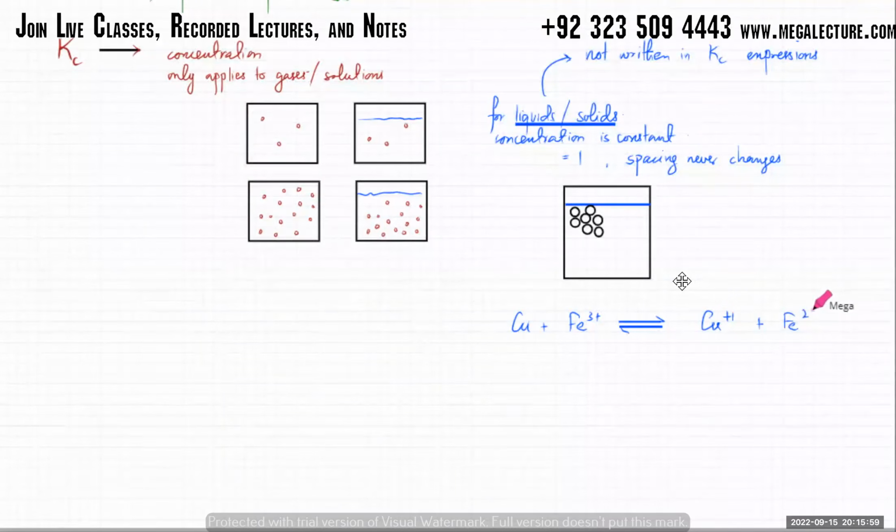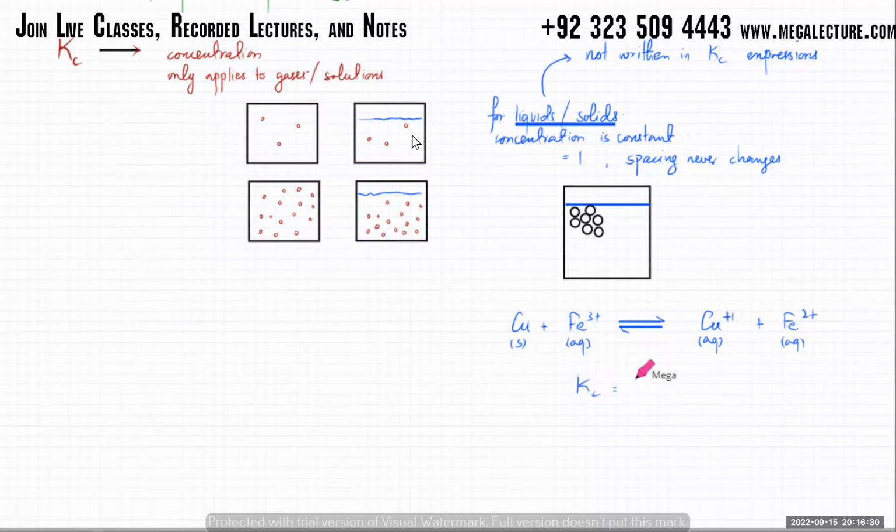Now, if I were to write the Kc expression, the first one is a solid. Its concentration will be constant. It will not change. The others are aqueous. So anything aqueous, its concentration will change. If you put more in the water, they'll be close together. Less moles per unit volume, they'll be far apart.